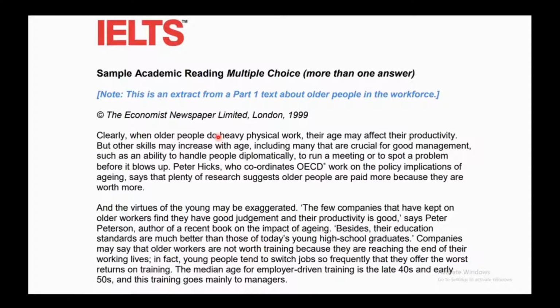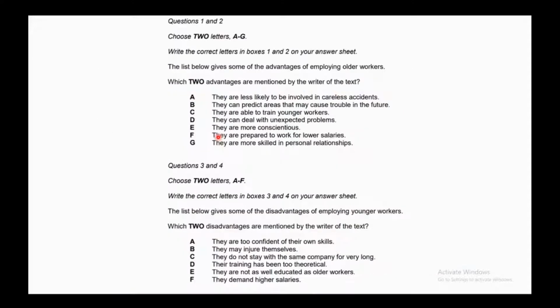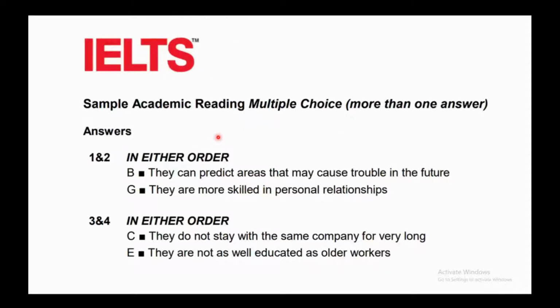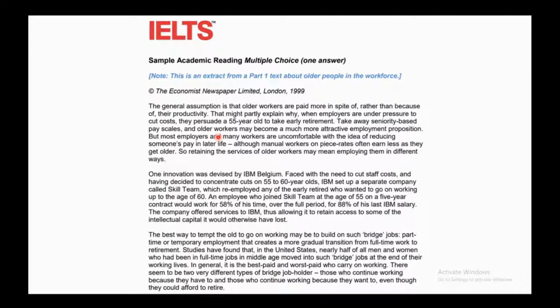This is a paragraph which you can read and then answer the questions at the end of this. These are the questions that you can answer. These are the answers. Again, here's a paragraph, academic reading, multiple choice, one answer. So you read the paragraph and then answer the question at the end of the paragraph.